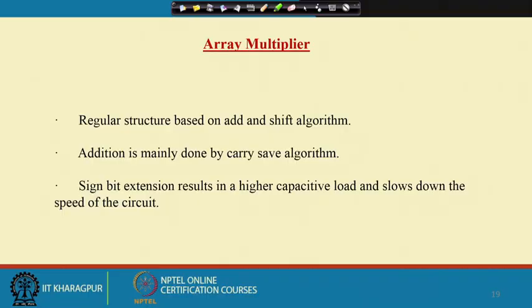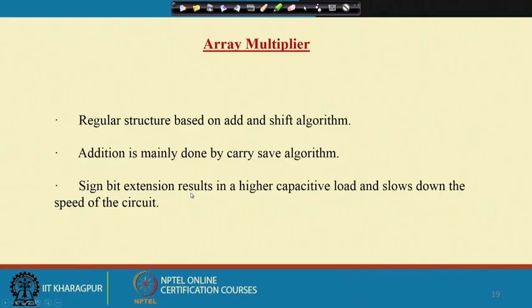Then there is array multiplication. Array multiplication is also a regular structure, based on the shift and add algorithm. Here the addition is mainly done by the carry save algorithm, or carry save addition operation, and then sign bit extension results in a higher capacitive load and slows down the speed of the circuit.